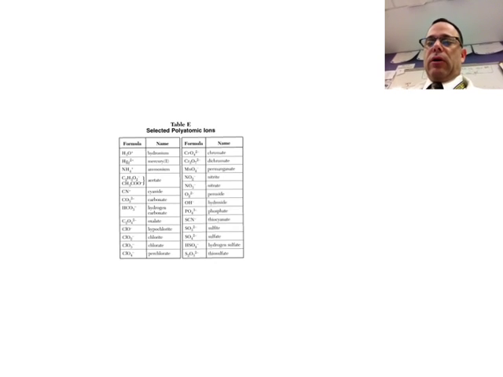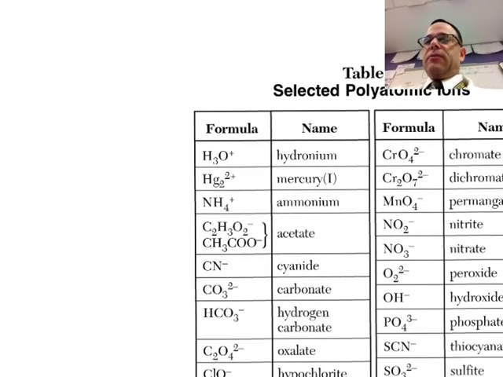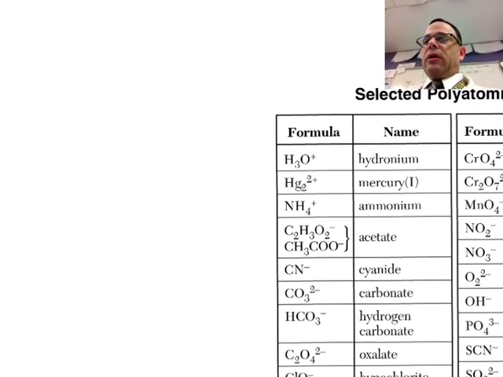So by reversing it, I mean let's create a situation where we have a positive polyatomic ion bonding to a traditional anion. So let's go ahead and look at our possibilities. A positive polyatomic ion, let's pick ammonium.